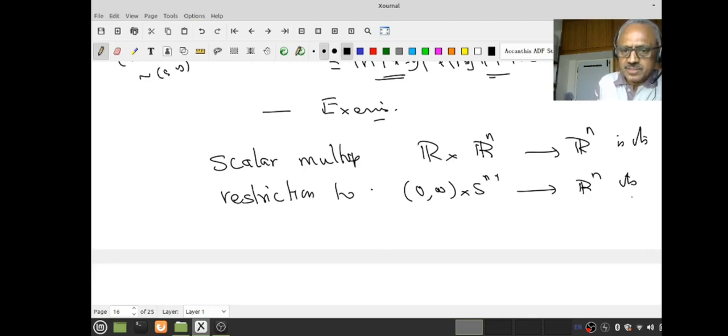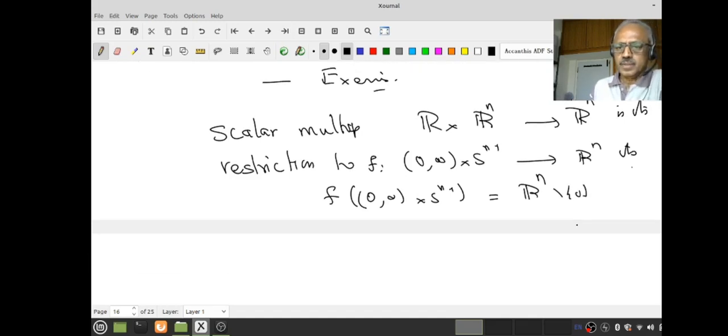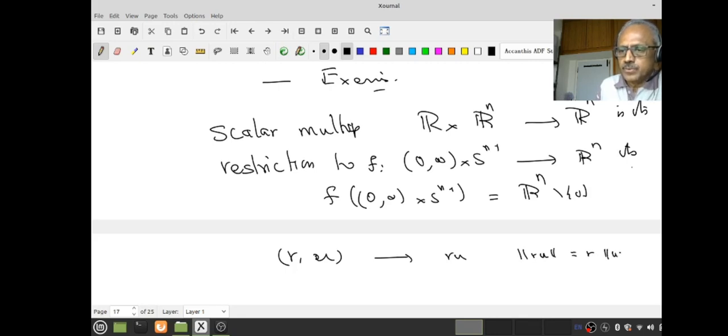Call this restriction f. And what is the image of f of 0 infinity cross Sn minus 1? I claim it is Rn minus origin. That is very clear, because if you give me R and U, then the norm of R times U will be R times norm of U, which will be R, which is positive. Therefore this lies in Rn minus 0.